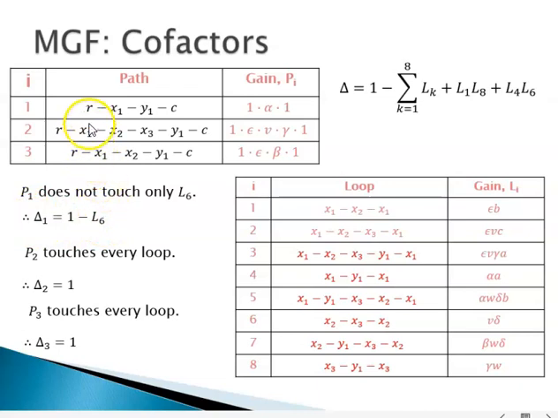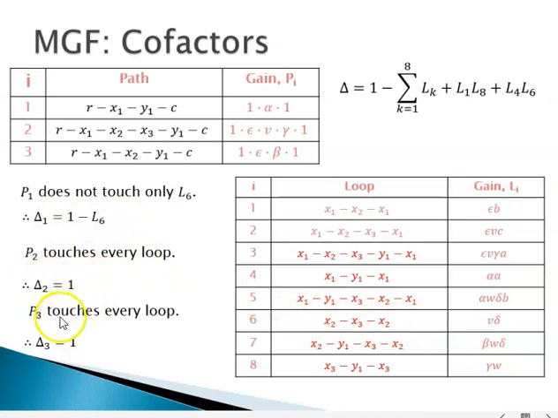Similarly, if you see, node 2 touches each and every loop. So you have to remove all the loops, and you are left with 1. That is exactly what we have done. We have found from path 1 which loops are touching path 1. If a loop touches, you remove it. So you removed all the things and you retained L6. That is why you have 1 minus L6.